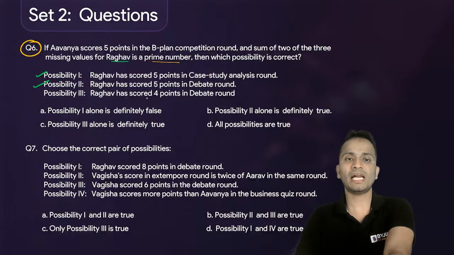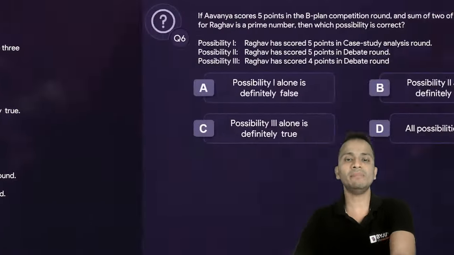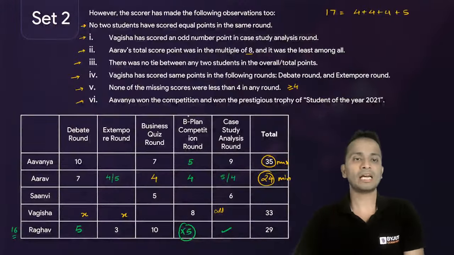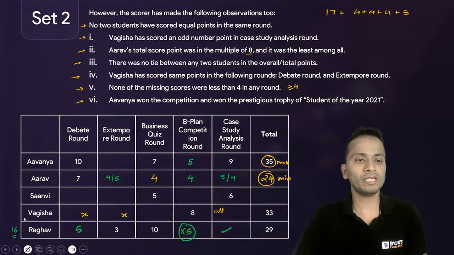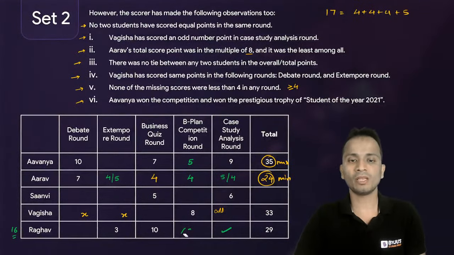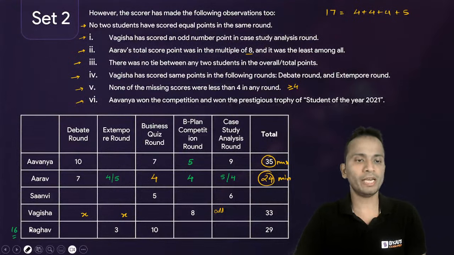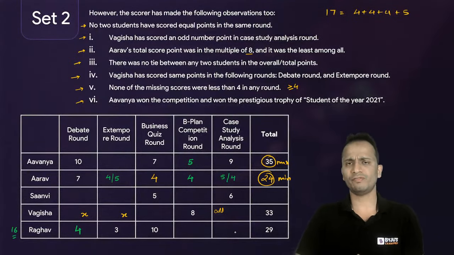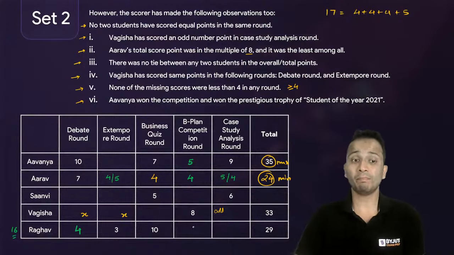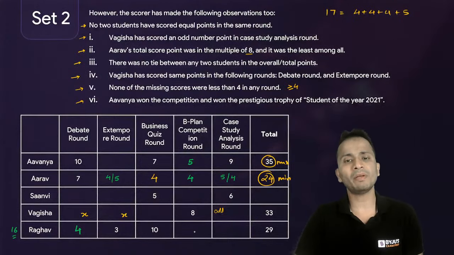The third possibility: Raghav has scored 4 points in debate round. Is it possible? Let's check it out. If he scores 4 in debate, then the other two have 12. The sum is not prime, but can I use 4 to make a prime number? Yes, I can put a 7 here. 7 is a possibility, right?